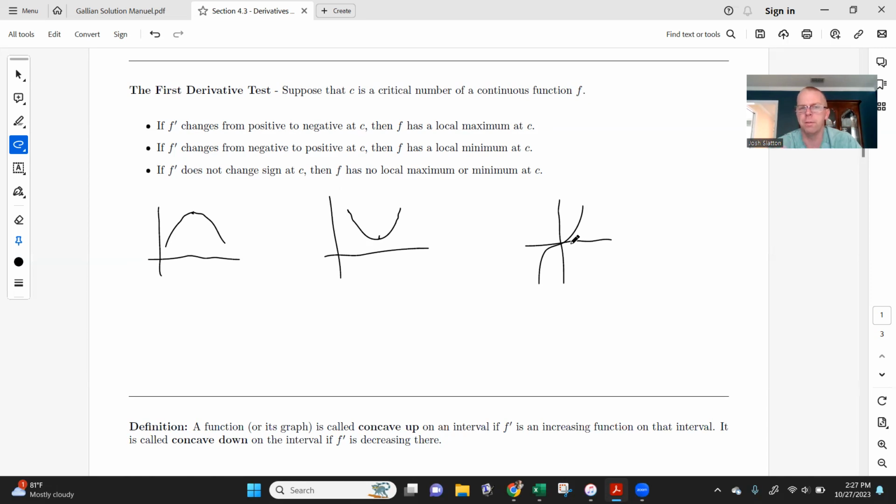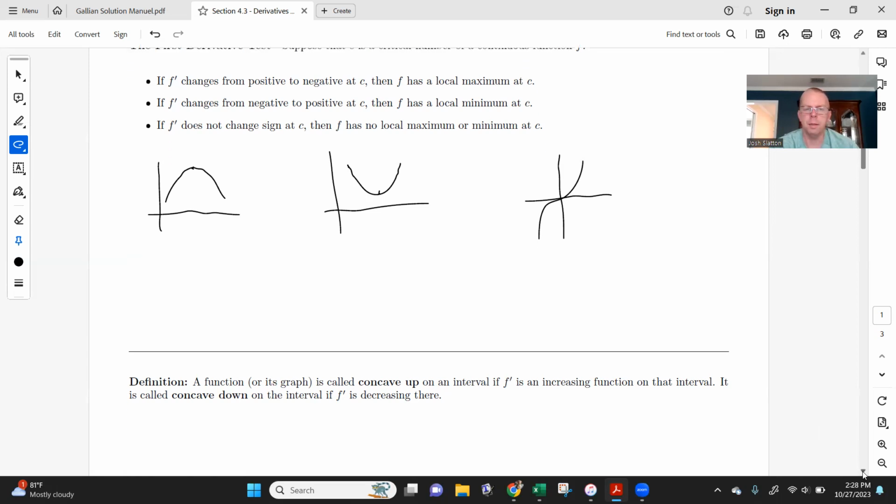The derivative of x cubed is 3x squared, and that is always positive, which makes sense because x cubed is always increasing, so the derivative should always be positive. But we do have this one point where it is zero. So maybe we should say it's non-negative the whole time. So it's positive everywhere except at zero. So just because you have a critical point doesn't mean you're going to have a max or a min. You could have neither if the derivative does not change signs.